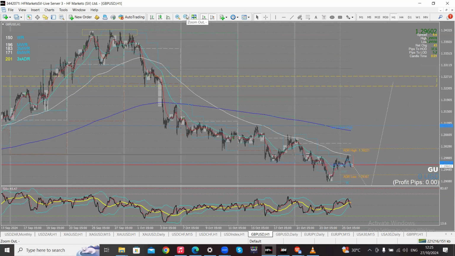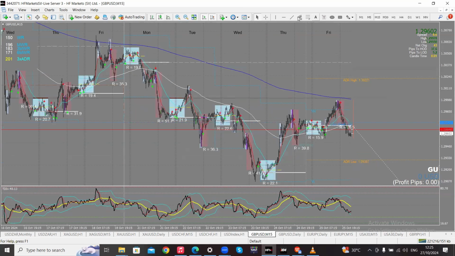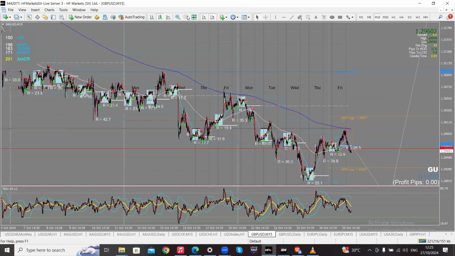So as far as what next week's move would likely show, I believe there would be some kind of aggressive moves to the downside so that price can actually be able to shift and go back up.